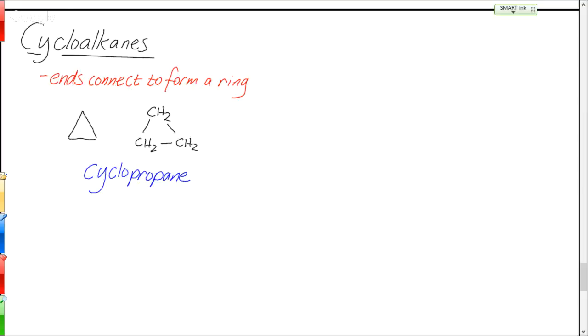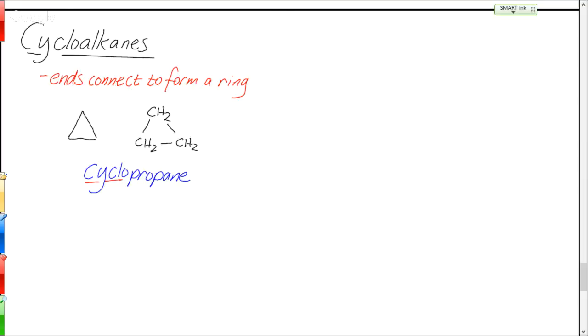So everything stays the same. We still call it propane because it's 3 carbons. We just add this prefix cyclo to show that they're connected in a ring. So any number above 3 can form a ring, and then be called the cyclo version of that alkane.